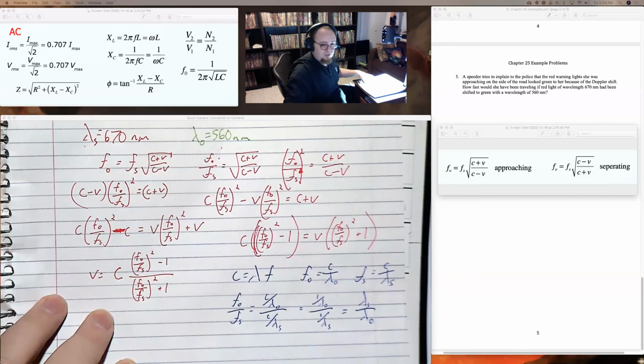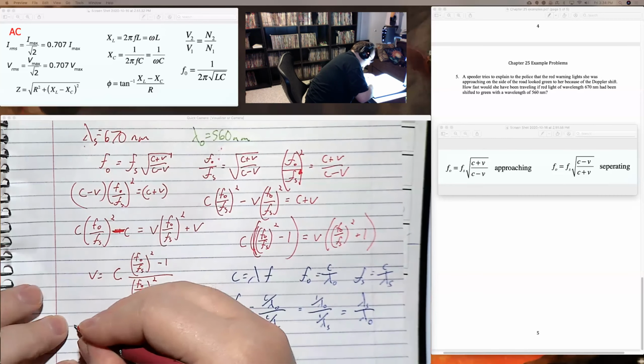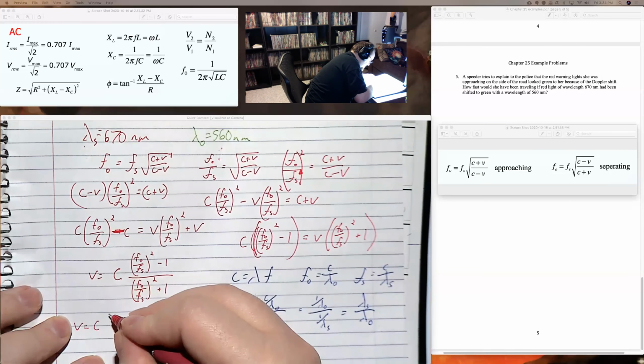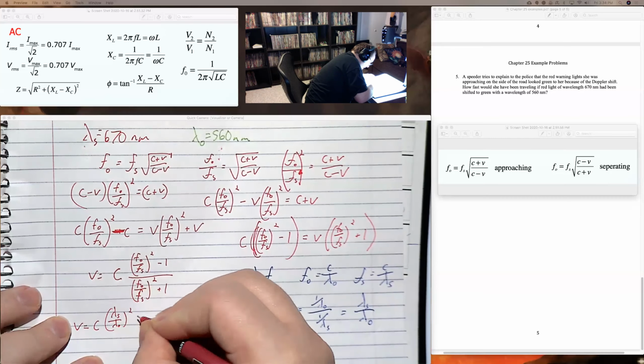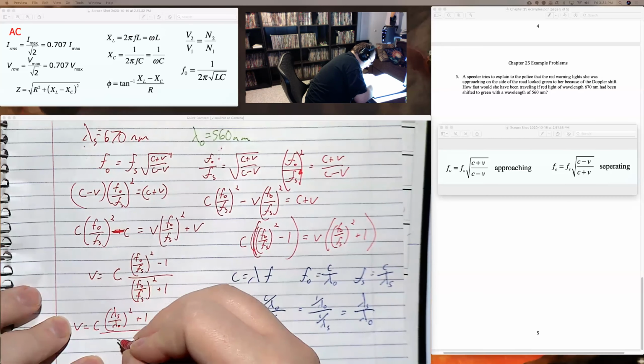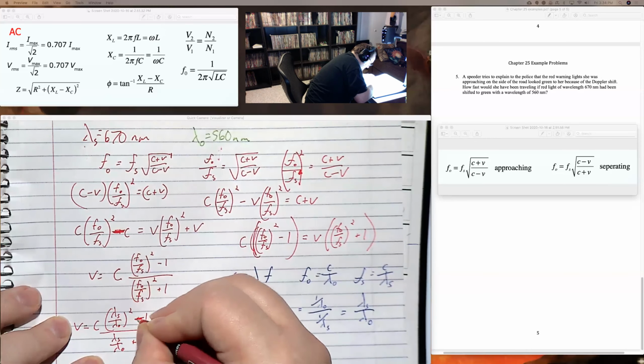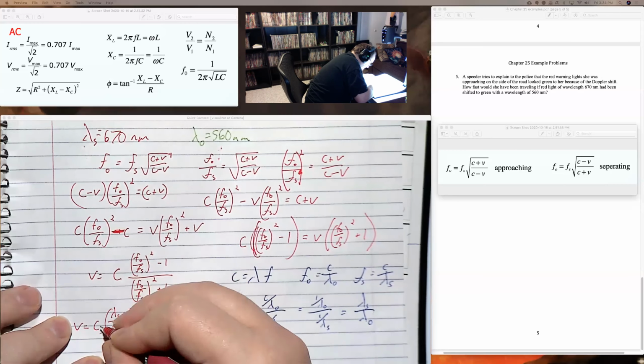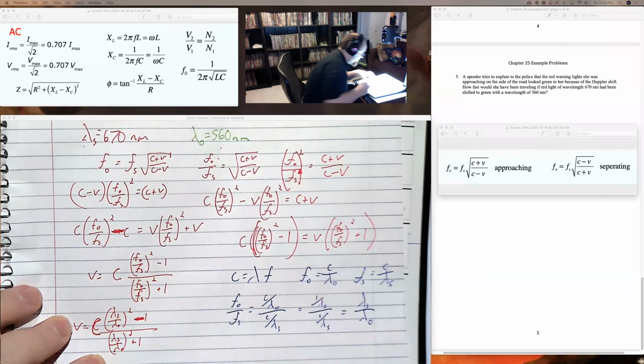And so this equation in red becomes V equals C times (lambda s over lambda naught) squared minus 1 over (lambda s over lambda naught) squared plus 1.